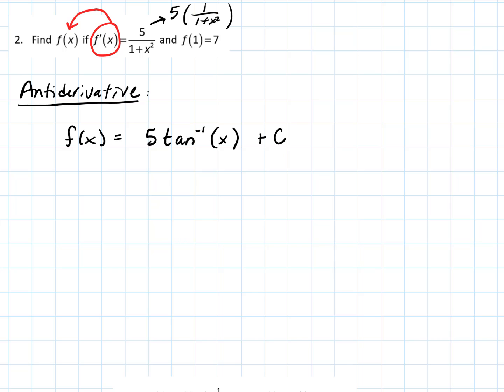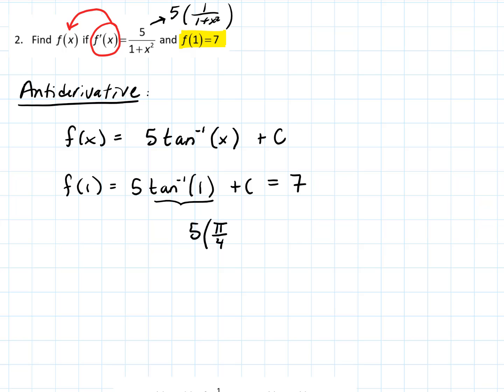But again, just like on the last example, we have a little initial data, a little information about the specifics of this function, so we can plug those in. We can say f of 1 would be 5 times the inverse tangent of 1 plus c, and that is going to be equal to 7. Now the inverse tangent of 1 is pi over 4, so 5 pi over 4 plus c equals 7.